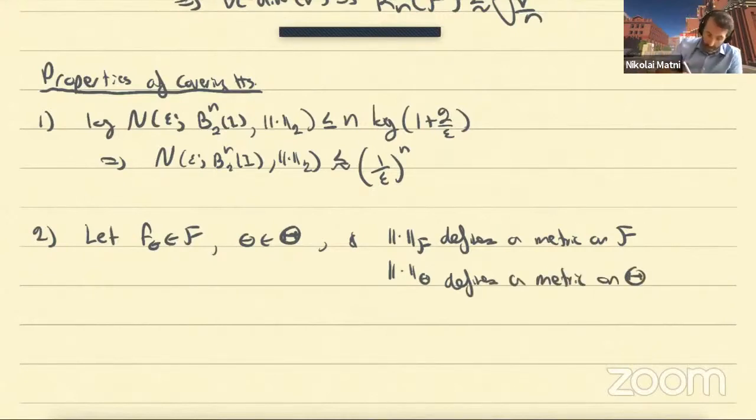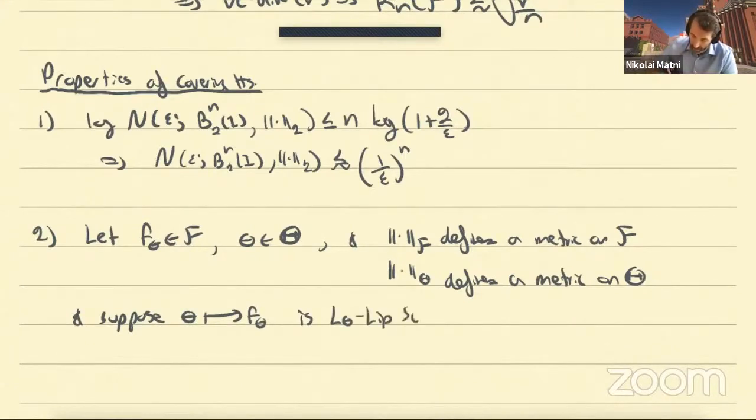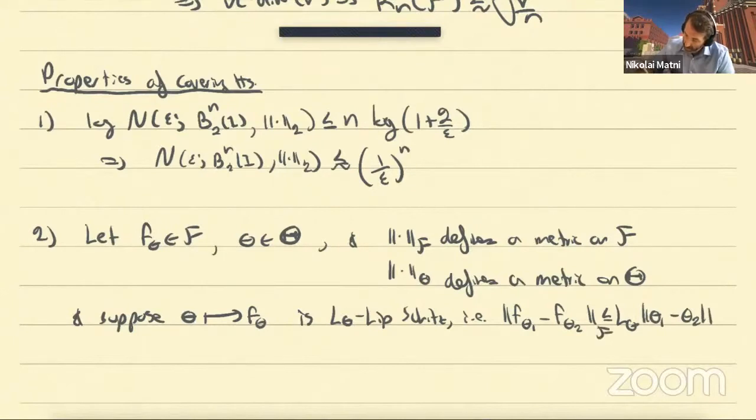And then we'll suppose that the map taking theta to f_theta is L-Lipschitz, i.e. we have that the norm of f_theta1 minus f_theta2 is less than or equal to L times the norm of theta1 minus theta2, with respect to the appropriate norms.